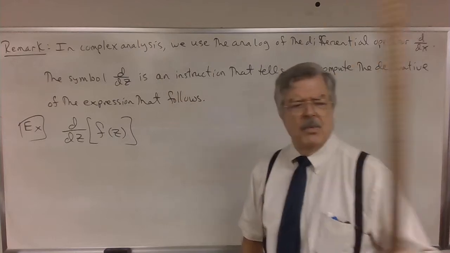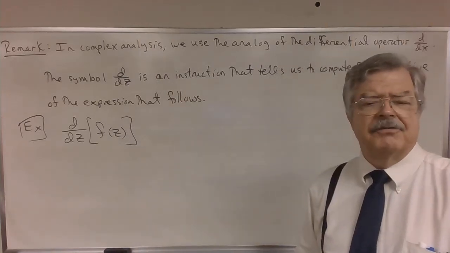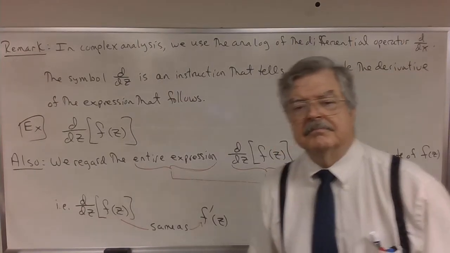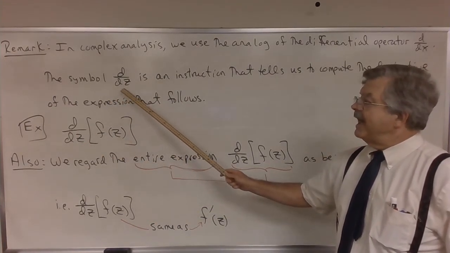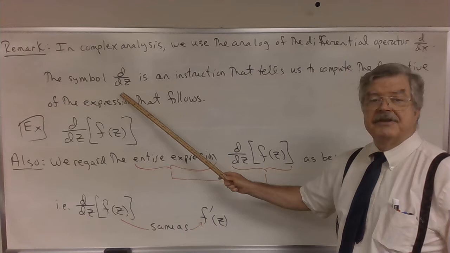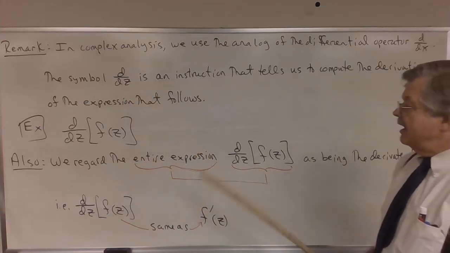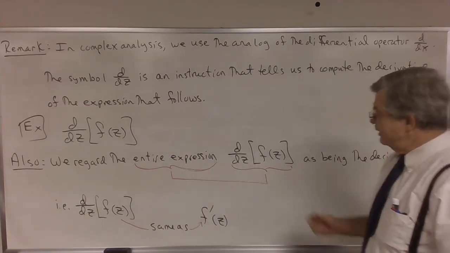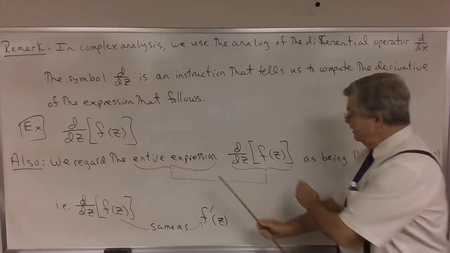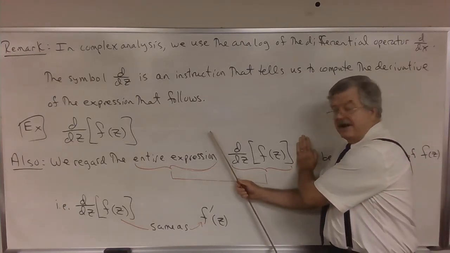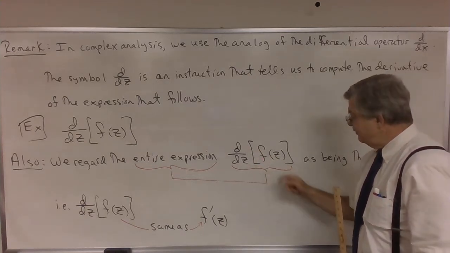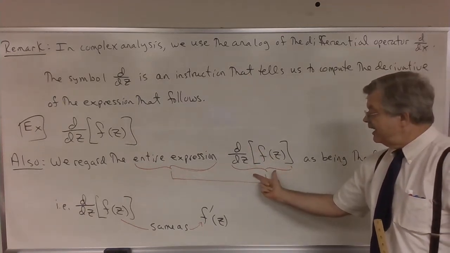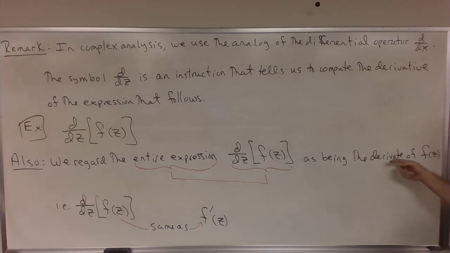Now let me add one more remark. Also, having to do with the d dz notation, we regard this entire expression, d dz f of z, as being the derivative of f evaluated at z.